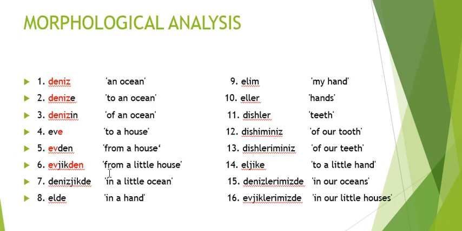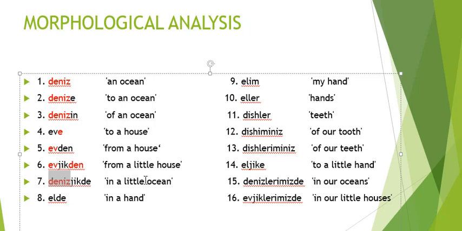Now you have here the expression in a little ocean. So you are going to find the structure representing in Turkish. You know that ocean in Turkish is deniz, so you cross it out or color it. Deniz is ocean.